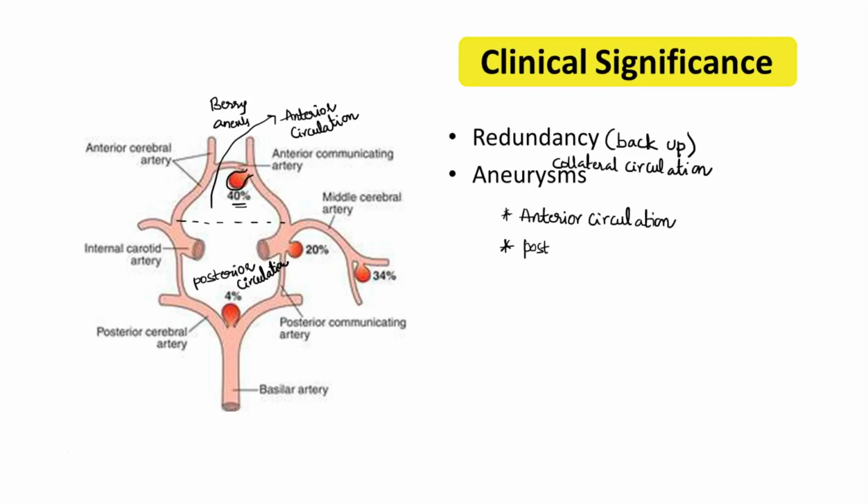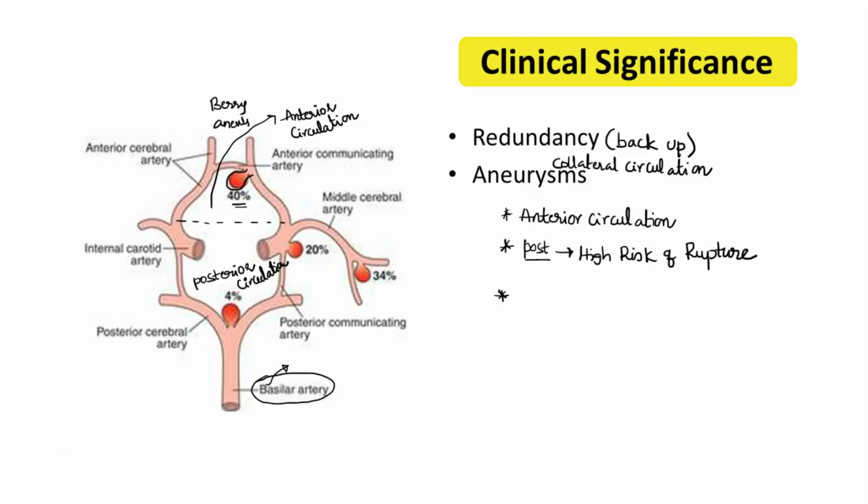Even though the posterior circulation aneurysms are few in number, the percentage is very low, still they have high risk of rupture. When it comes to posterior circulation, the basilar artery aneurysms are more common. So what is your take home? Posterior cerebral circulation aneurysms are not common, but the most common among the posterior circulation is basilar artery aneurysms.